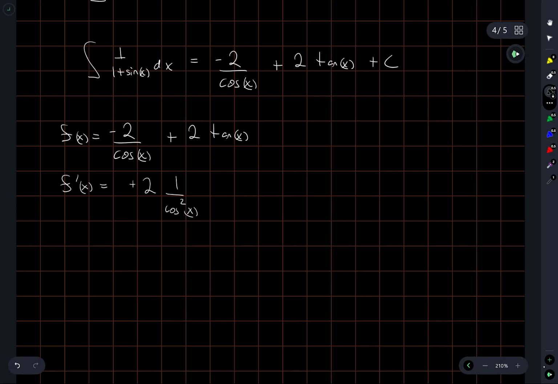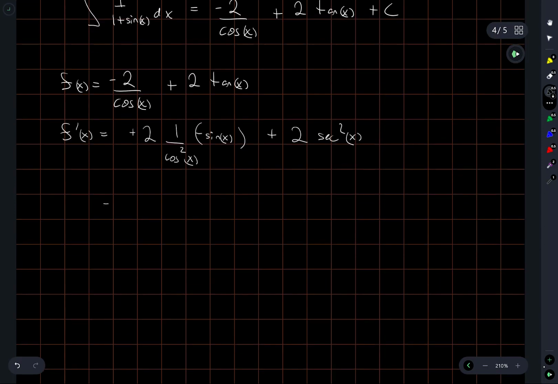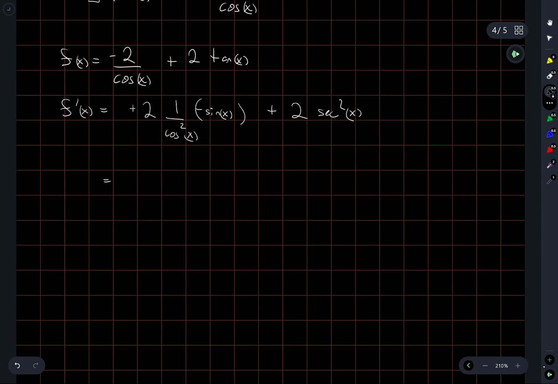That comes with a negative sign, but then it gets multiplied by negative sine x for the chain rule, plus 2 secant squared x. So I've got 2 secant squared x times 1 minus sine x.